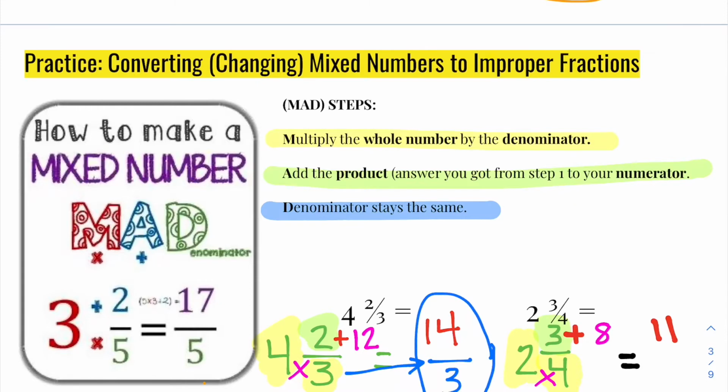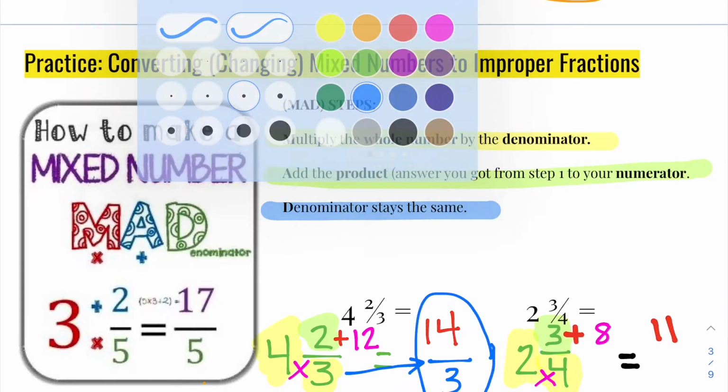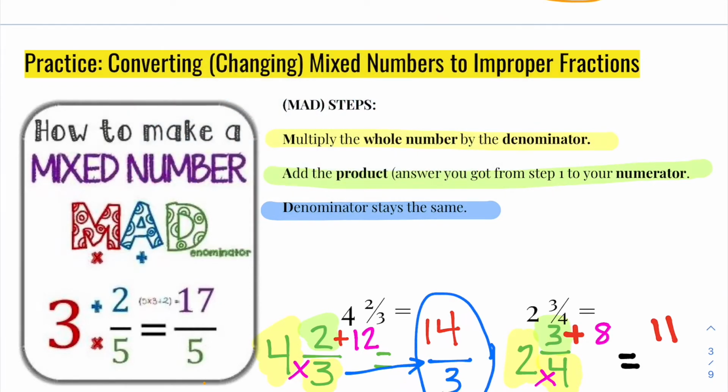What is my final step in the process? That's right. Did you say to bring over the denominator? Yeah, I just bring over my 4. So 2 3/4 turns into the improper fraction 11/4.